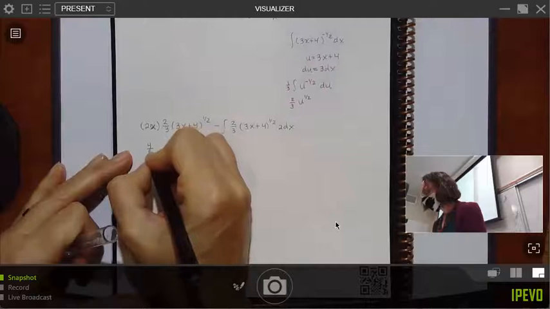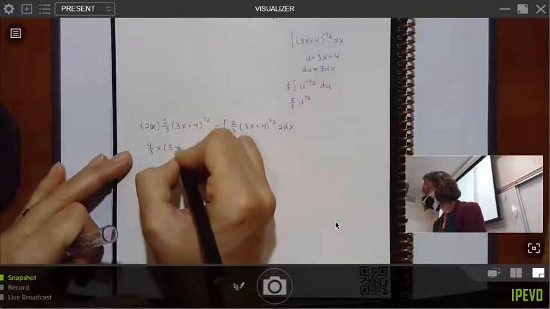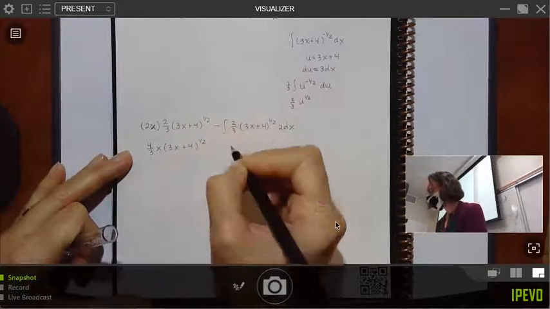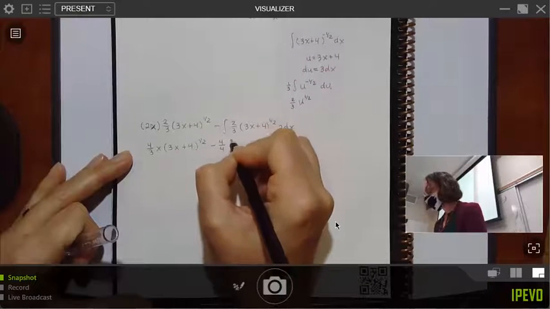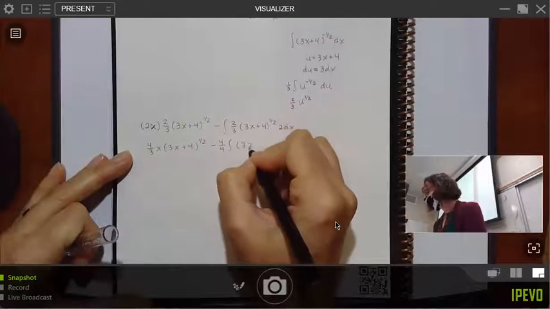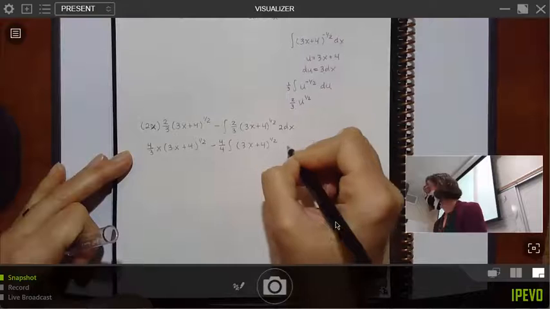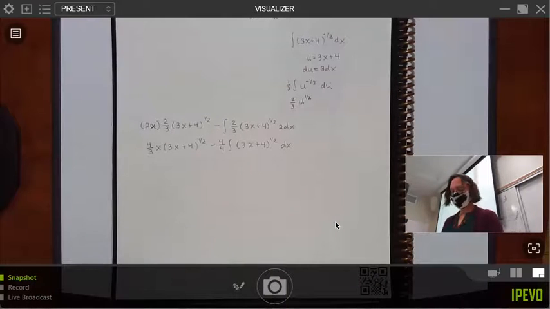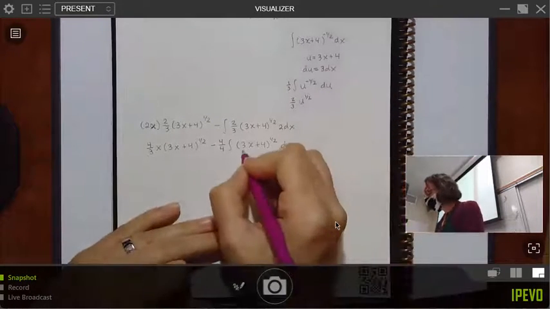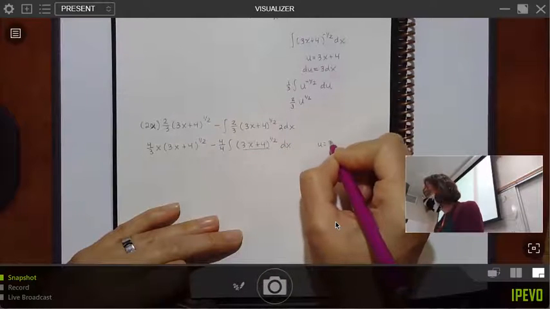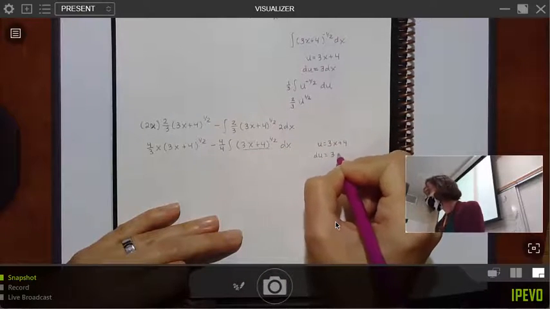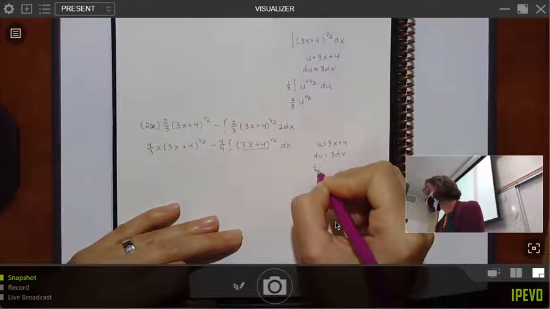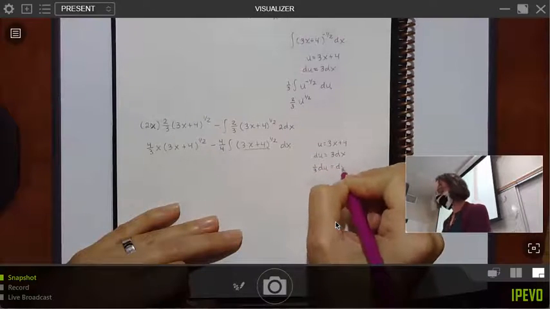That's 4/3 of x times 3x plus 4 to the 1/2. A 2 and a 2/3, I'm looking at minus 4/3. And the integral of 3x plus 4 to the 1/2. And we're going to make exactly the same u substitution we made moments ago. I'm going to let u be equal to 3x plus 4. So my du is 3 dx and 1/3 du is dx.